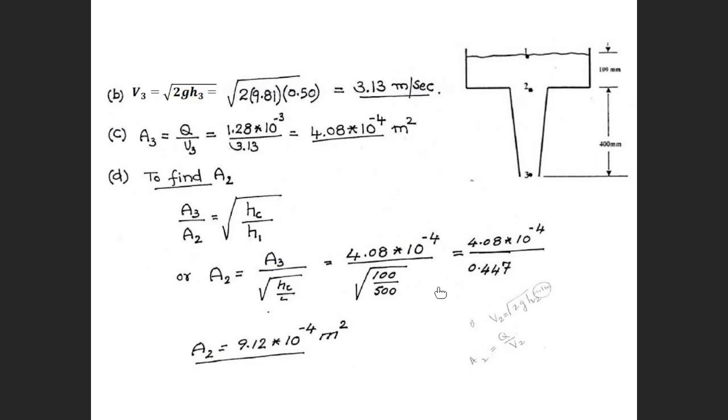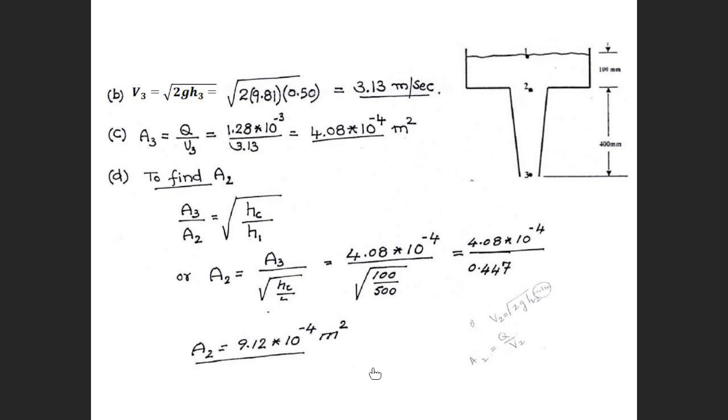This is 100 and this is 500. The head of this point is 100, the head of the other point is 500. Just correct it, H2 divided by H3. H2 is 100, H3 is 500. Then you can obtain the area here. This is one way to obtain the area.